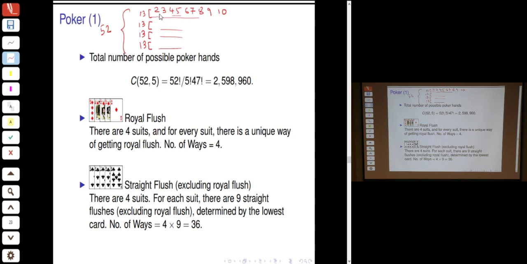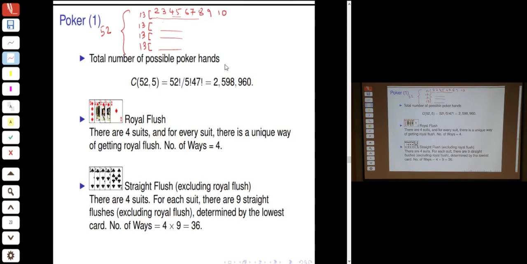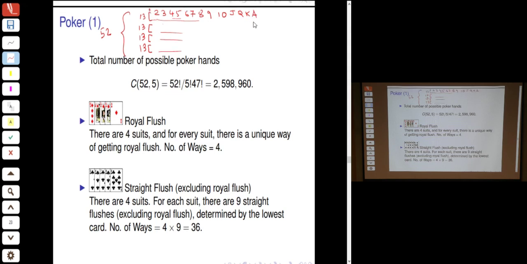Since we started from 2, we have had 9 numbers so far. 2 to 10 is 9 counts. And then you have Jack, Queen, King, and Ace. So basically the 1 is not there because you have the Ace here. So Ace is the top. Okay. And somehow there is an ordering of importance among these. I mean, 2 is the least important somehow, then Queen and King, and Ace is the most important.